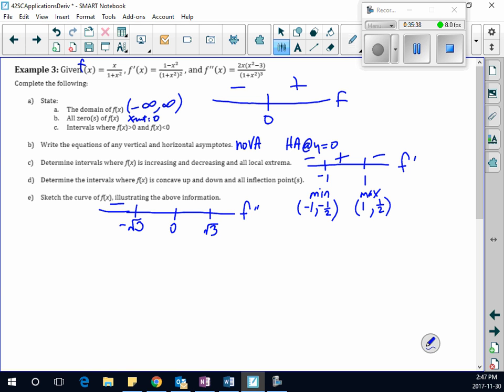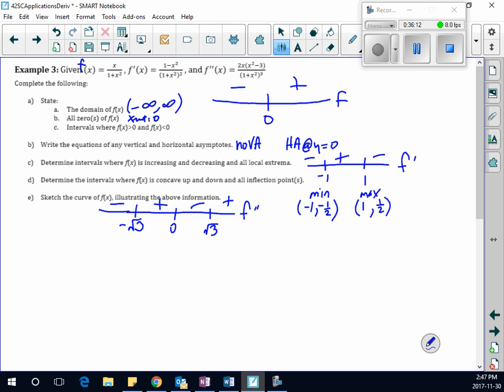Negative, negative, so positive. Oh, sorry, no, because it's a minus. 1 squared minus 3, you're going to get negative. And then 2 goes in there and you'll get positive again. So that means it's concave up between where it's positive and concave down here, right?